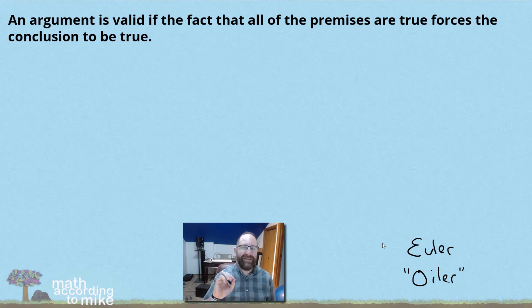In this section and the next, we are definitely going to have to forgive truth for a second. We're going to have to assume that all the premises are true, even though they may not be true. We're going to just assume that they're all true.